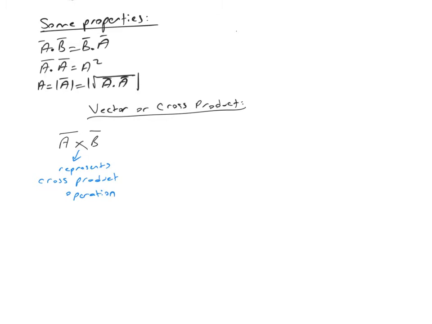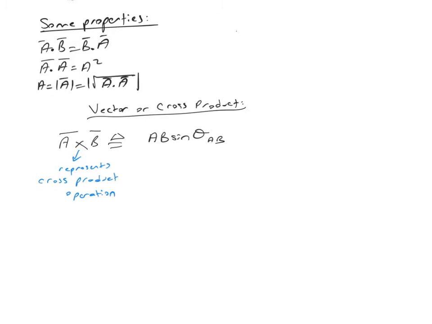The cross product of these two vectors is equal by definition to the magnitude of vector A times the magnitude of vector B times sine theta. Theta is the smaller angle between vectors A and B. The result of cross product operation is a vector, so the result must have a direction.